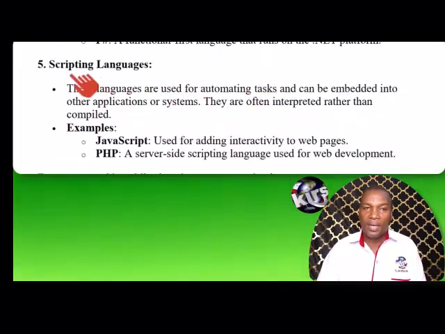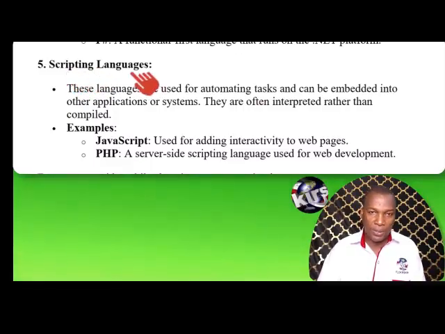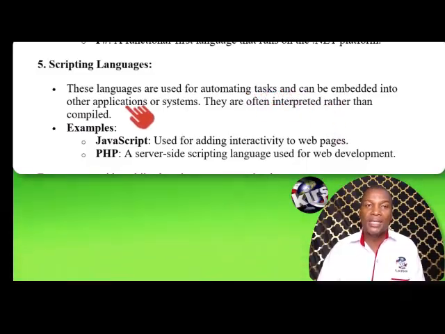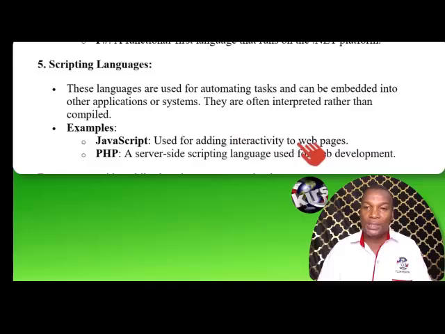And we have the other category, which is scripting languages. These languages are used for automating tasks and can be embedded into other applications or systems. They are often interpreted rather than compiled. Examples of these, we have JavaScript, which is used for adding interactivity to web pages, and PHP, a server-side scripting language used for web development.